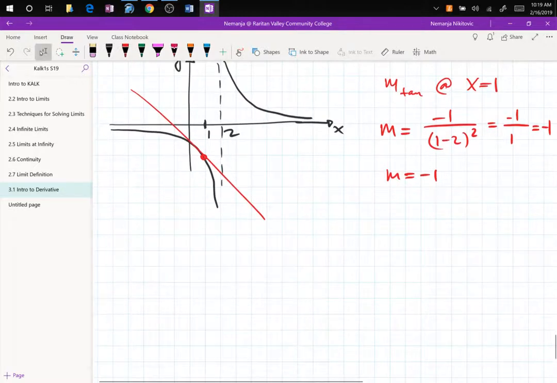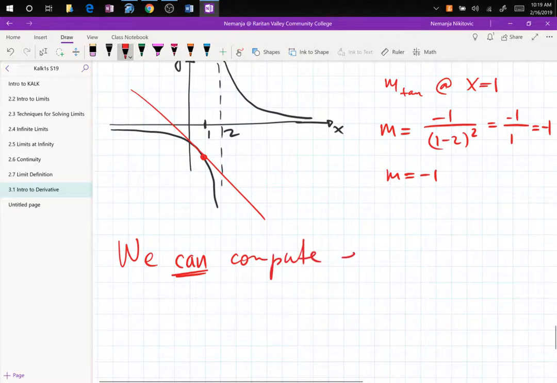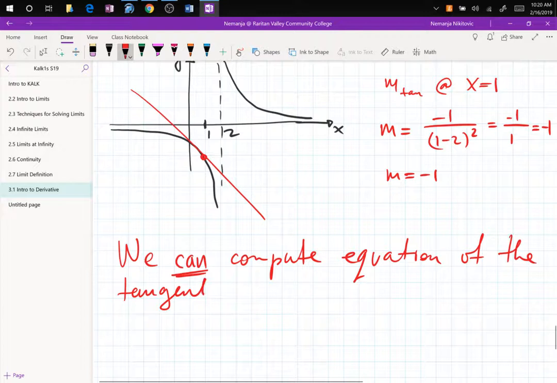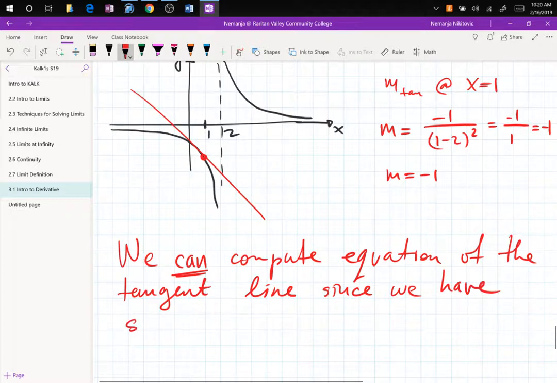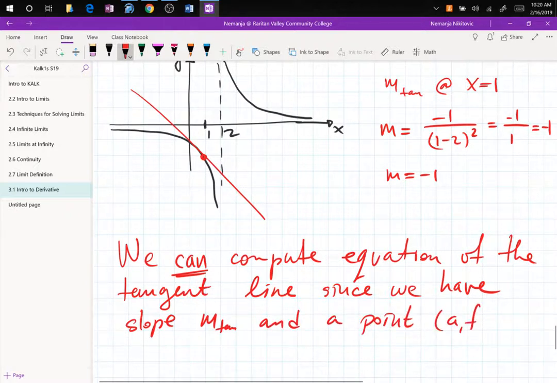So we can compute the equation of the tangent line since we have the slope m tangent and a point, which is your a and f of a. So you have x and y and you have m, so you can just plug everything in.